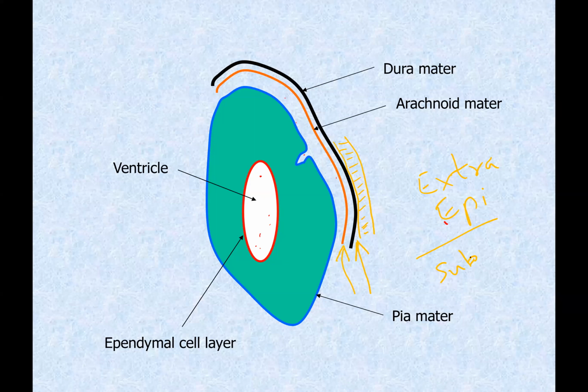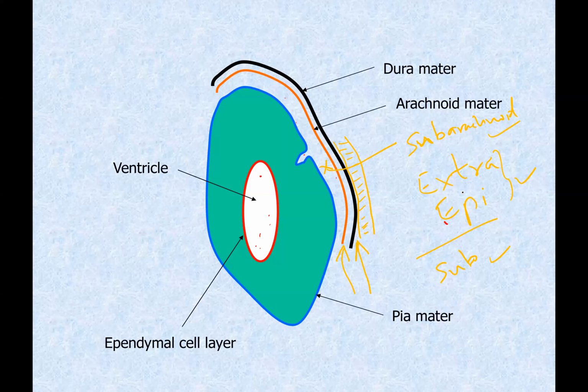Then the space between the arachnoid mater and pia mater, since it is deep to the arachnoid mater, is called subarachnoid space. So you have an extradural or epidural space, subdural space, and subarachnoid space.